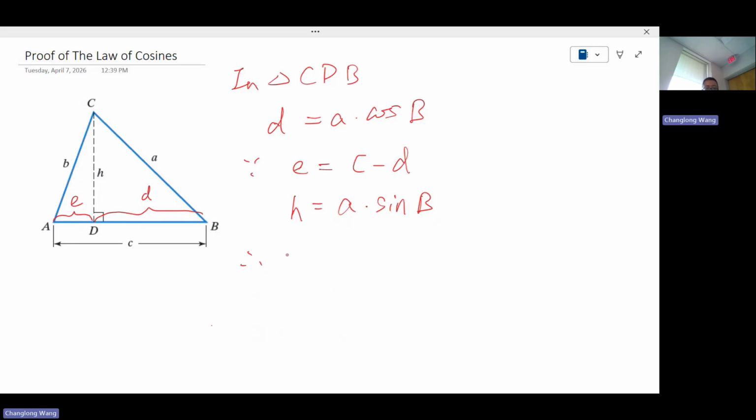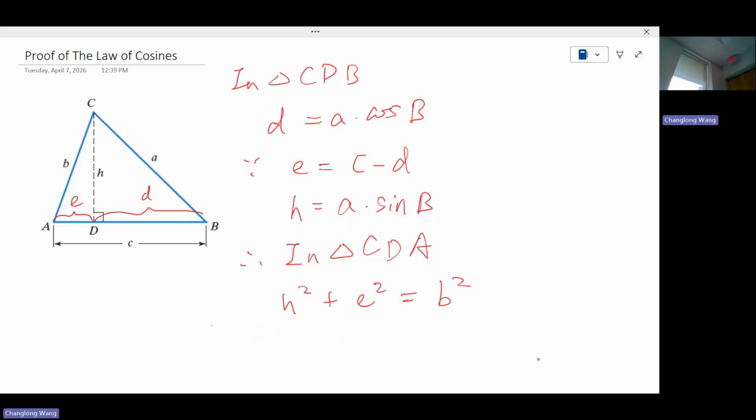Now, let's prove the law of cosine in the triangle CDA, right? By recalling the Pythagorean theorem. In CDA, the two shorter legs, h and e, right? h squared plus e squared equals b squared. Is that right?